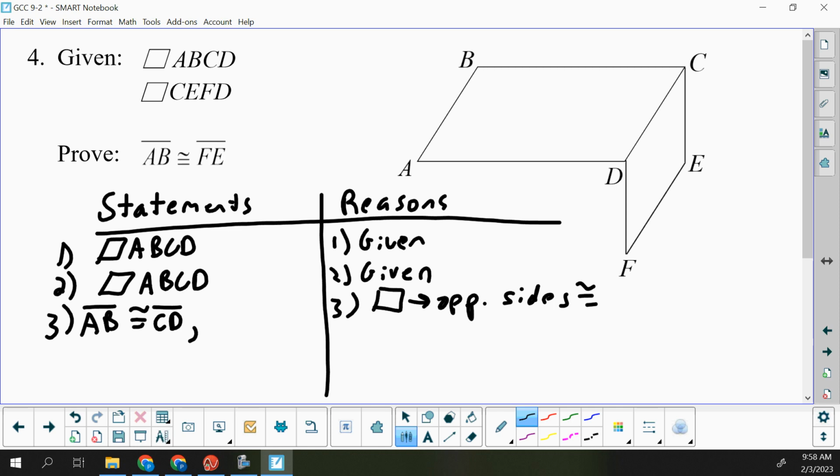But let's focus on the one that has FE. FE is opposite of CD as well. So we can say FE is congruent to CD. We're going to mark those up in our picture with a different number of marks. I'll put 1 mark on those first 2, 2 marks on the second 2.